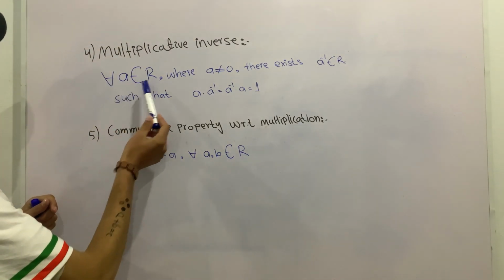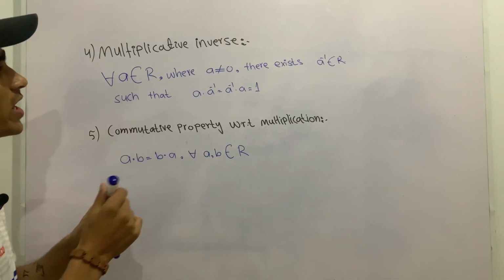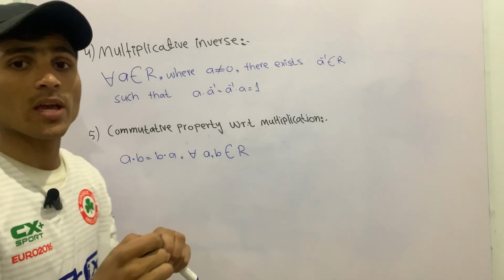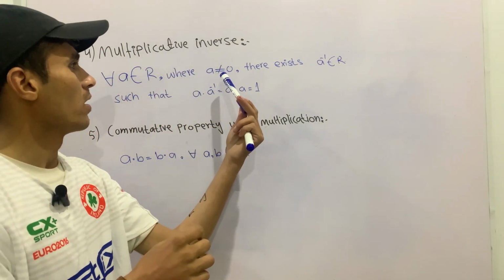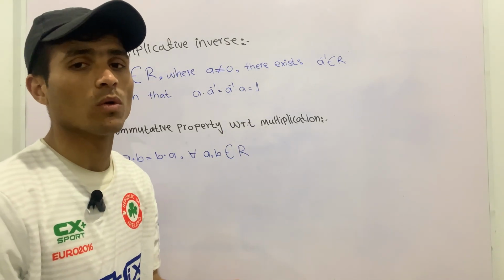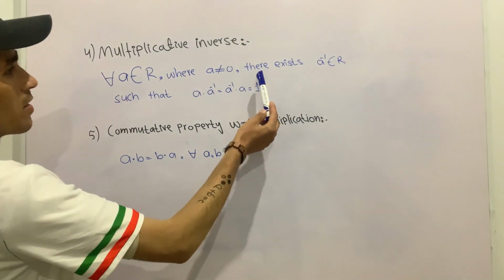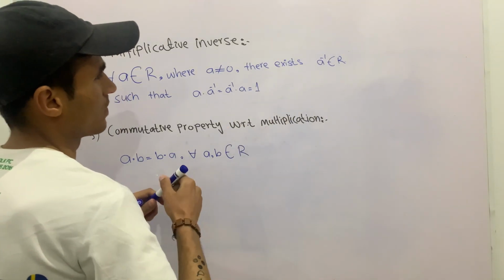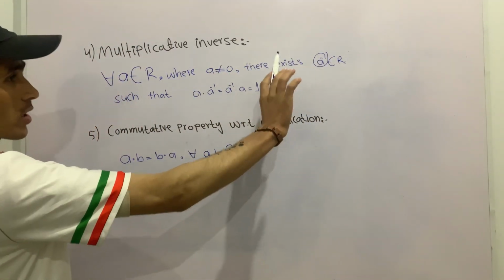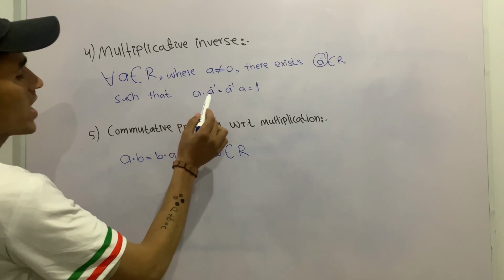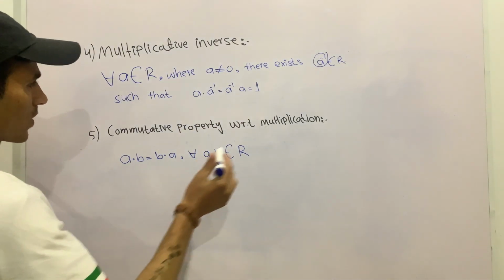For all A belongs to R, where A is not equal to 0, A should not be 0, okay? Though 0 is a real number, in this property, A should not be equal to 0. There exists A inverse, A inverse belongs to R, real numbers, such that A multiplied by A inverse equals A inverse multiplied by A equals 1.